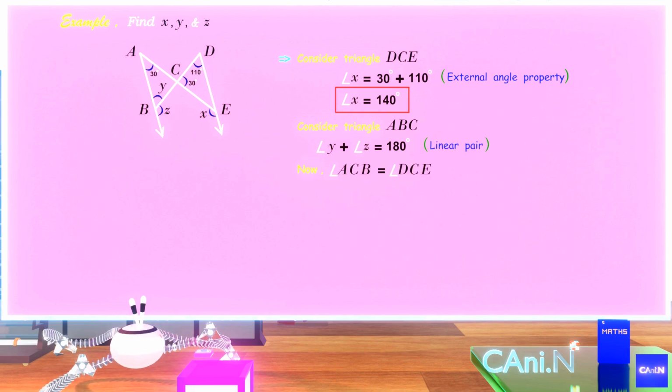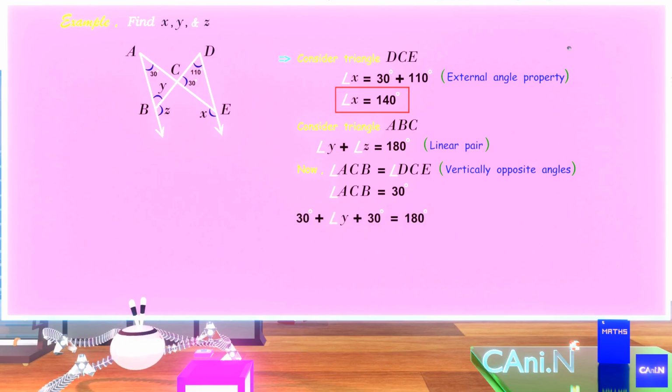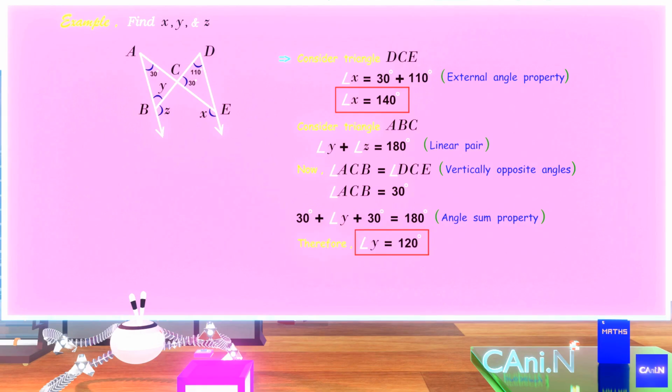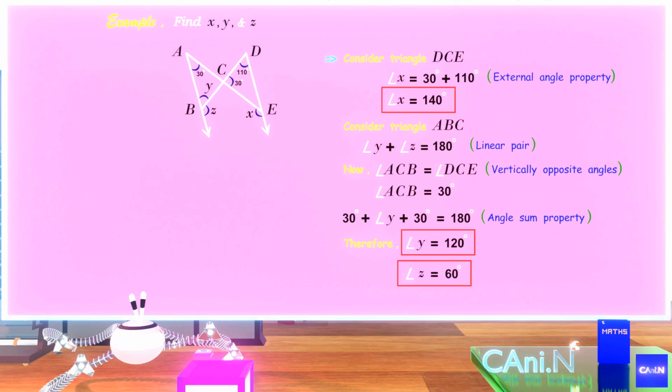Now, angle ACB equals angle DCE, reason is vertically opposite angles. So, angle ACB equals 30 degrees. And 30 degrees plus angle y plus 30 degrees equals 180 degrees, reason is angle sum property. Therefore, angle y equals 120 degrees. And angle z equals 60 degrees.